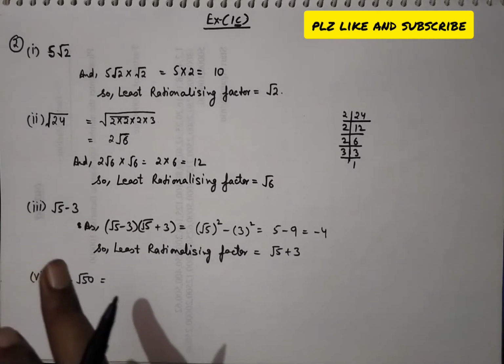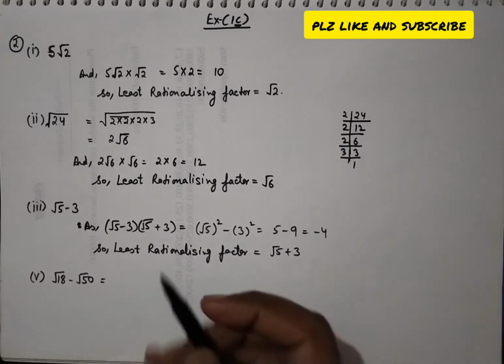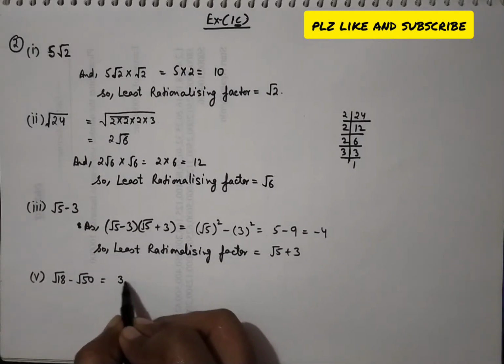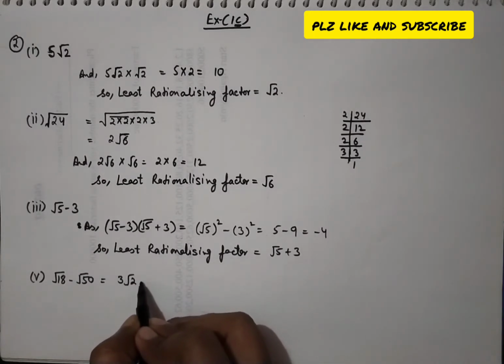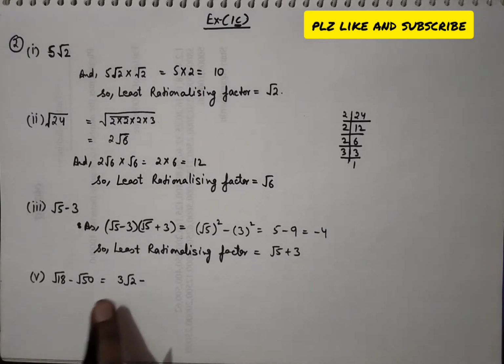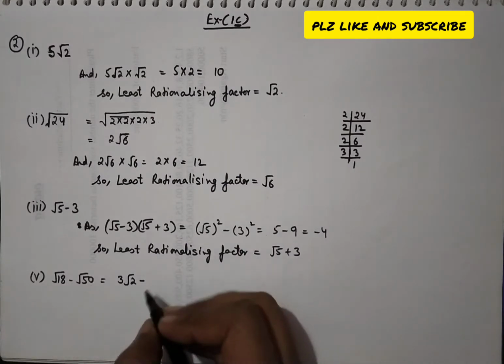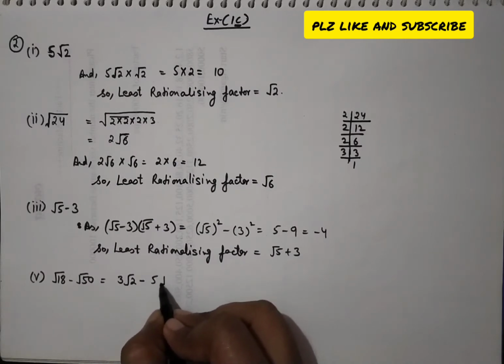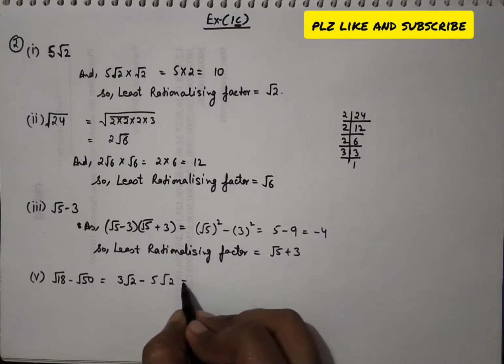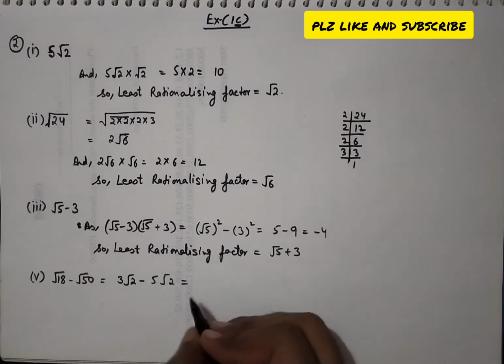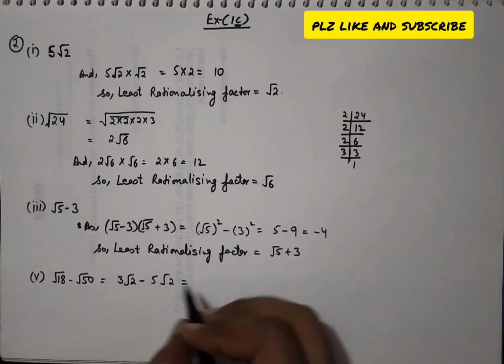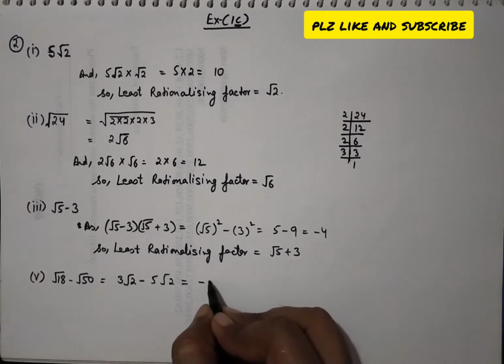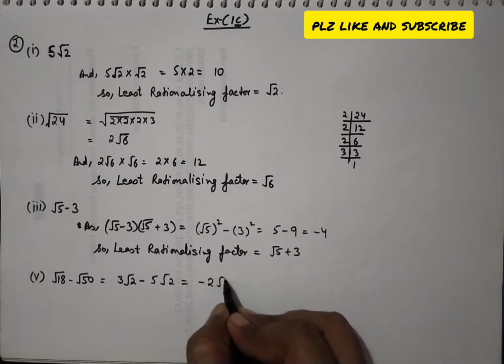As we are getting a pair of 3, this can be written as 3 root 2 minus, here 50 can be written as 2 into 5 into 5, and in this case 5 has a pair, so 5 can be written out as 5 root 2. So finally we have 3 minus 5, that is minus 2 root 2.